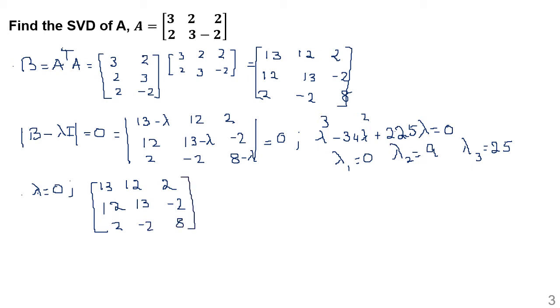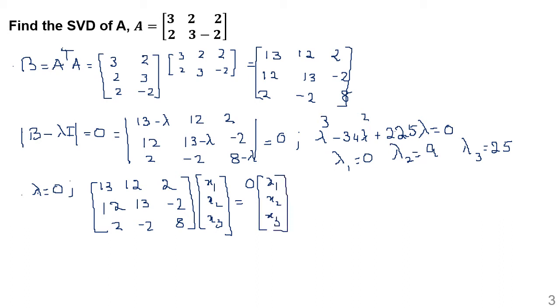When we multiply this with x1, x2, x3, and here lambda is equal to 0, so we get 0 times x1, x2, x3.